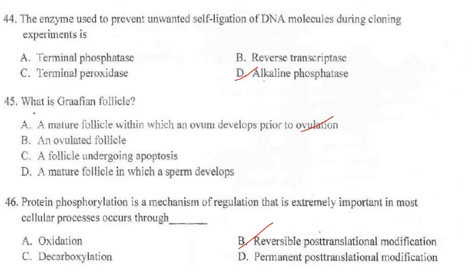So it is a mature follicle with which an ovum develops prior to ovulation. Answer is A. Then protein phosphorylation is a mechanism of regulation that is extremely important in most cellular processes. It occurs through reversible post-translational modification. Answer is option B.